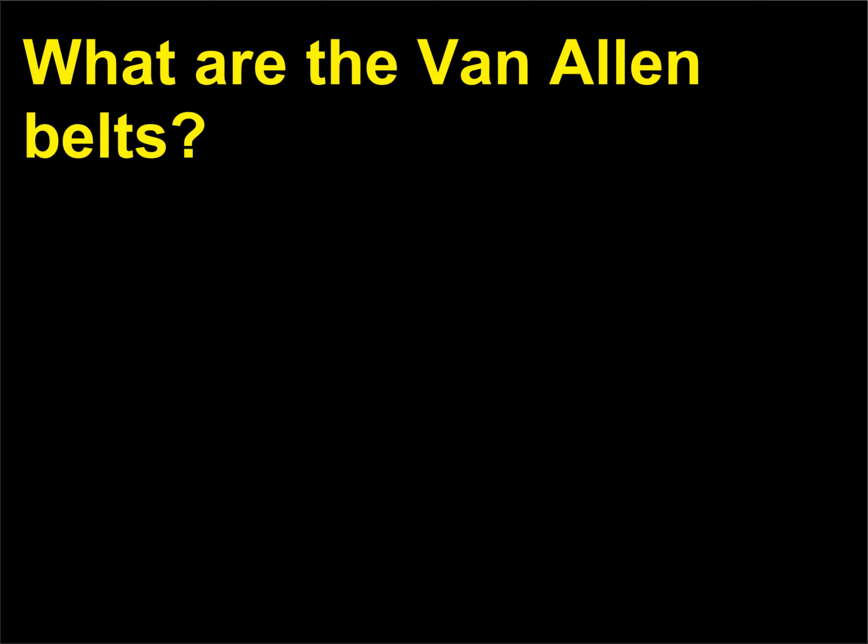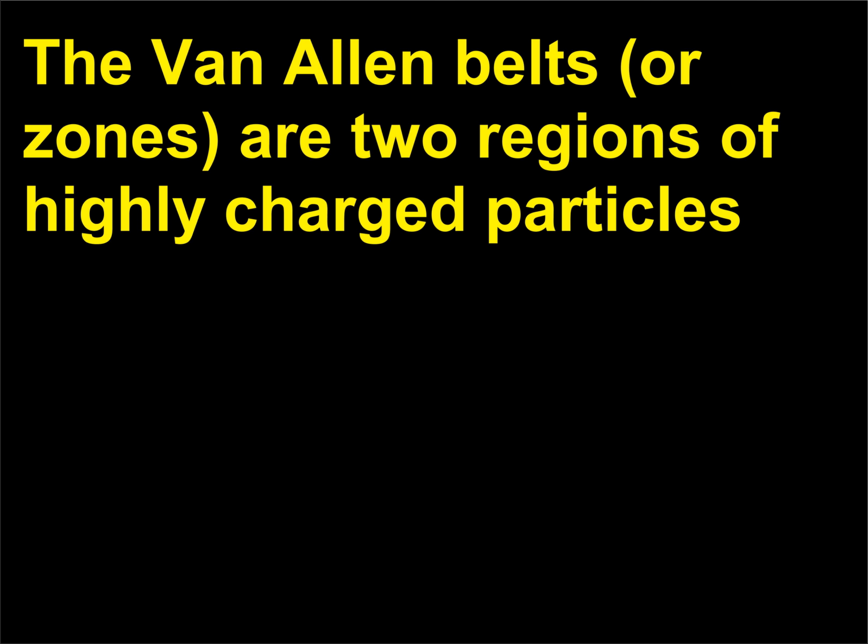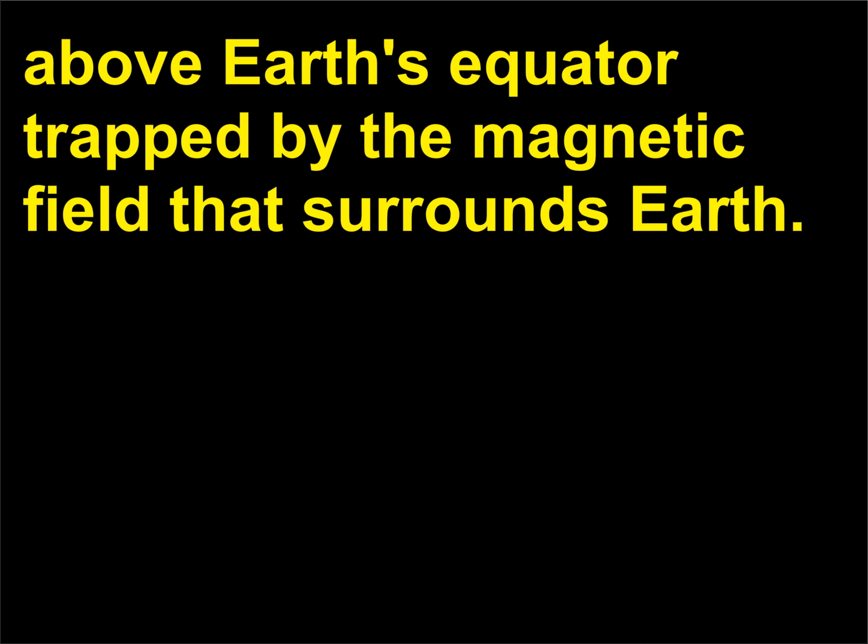What are the Van Allen belts? The Van Allen belts, or zones, are two regions of highly charged particles above Earth's equator, trapped by the magnetic field that surrounds Earth.